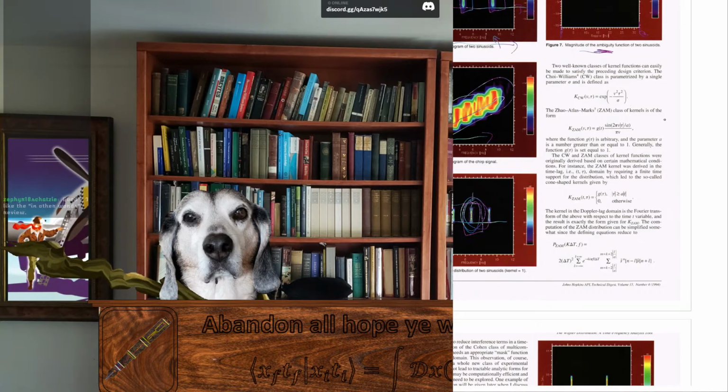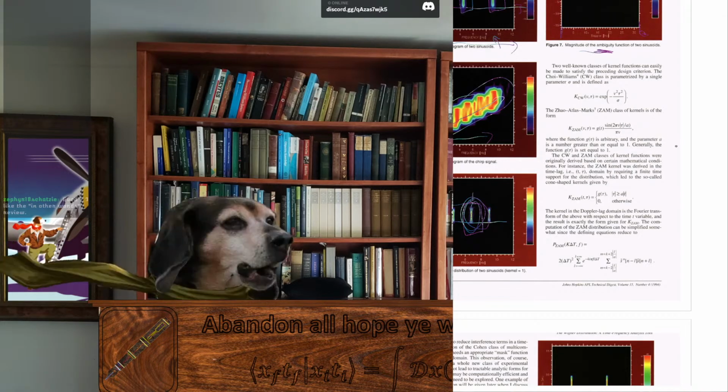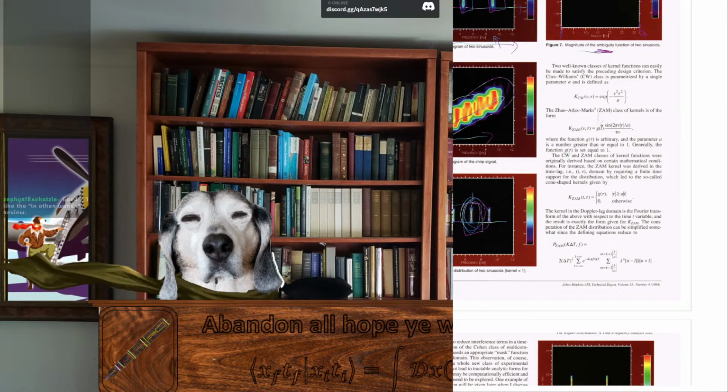The Zhao-Atlas-Marks, ZAM, class of kernels is of the form g of tau times sine of 2 pi nu times magnitude of tau over a, over pi nu, where the function g of tau is arbitrary. Is that supposed to be g of tau? It's supposed to be g of tau, I think. The function is arbitrary, and the parameter a is a number greater than or equal to 1. Generally, the function g of tau is set equal to 1.